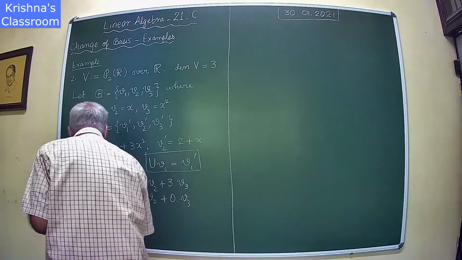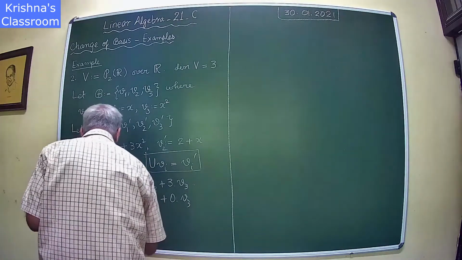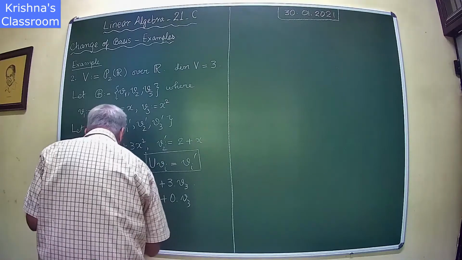V3 prime is equal to 2V1 plus 0 times V2 plus 1 times V3.